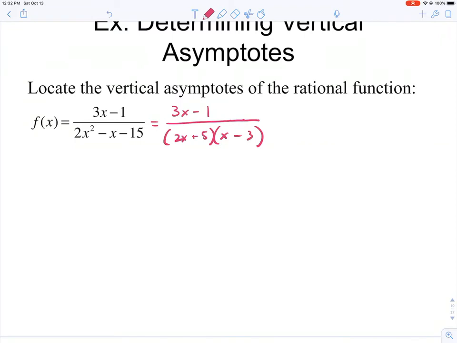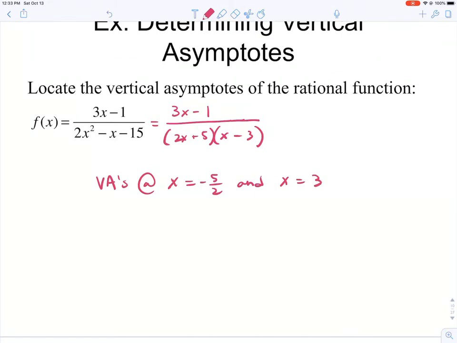Okay, there's no holes in this graph. For domain restrictions, you can see that x can't be equal to negative 5/2 and x can't be equal to positive 3. So because this function is already simplified as much as it can be, we know there are vertical asymptotes at x equals negative 5/2 and x equals 3.